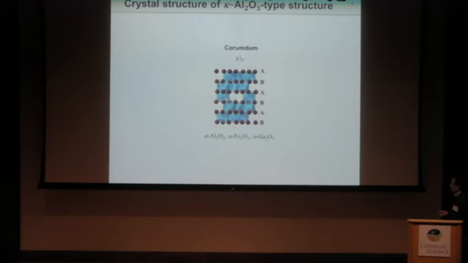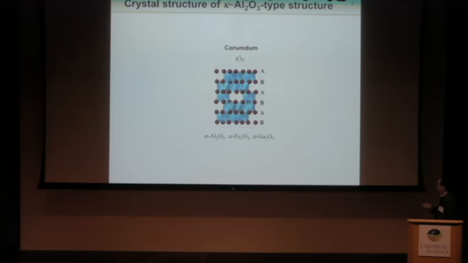So first, I will explain the copper alumina structure. This is the well-known corundum structure. A corundum structure is made of close-packed layers of oxygen, and inside the octahedral sites, the cations can occupy.